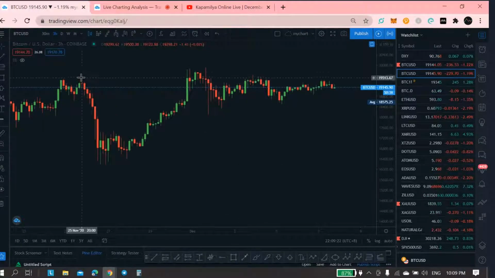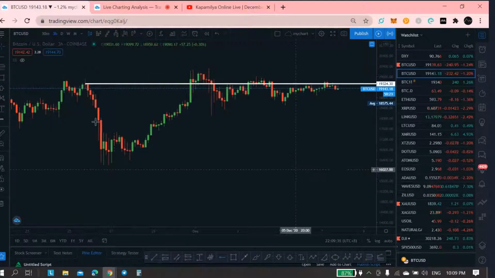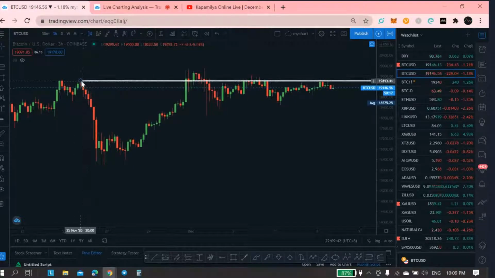This area is already a doji here. Since that's a doji, I will use that as the resistance I'm looking at.